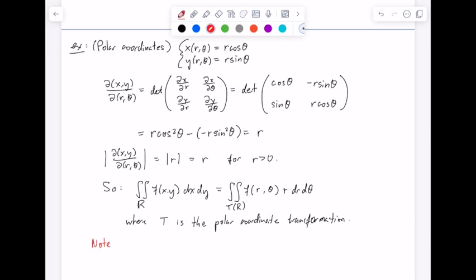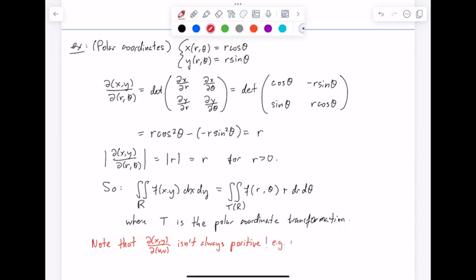An important thing to remember when we're doing these calculations is that the Jacobian itself is not always going to be positive. Alright, so it's very important to remember to put the absolute value signs around the Jacobian once you've calculated this.